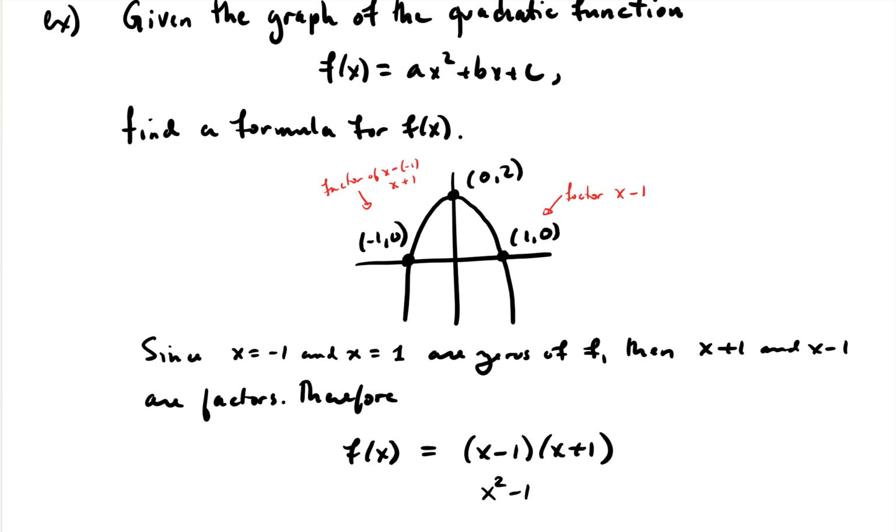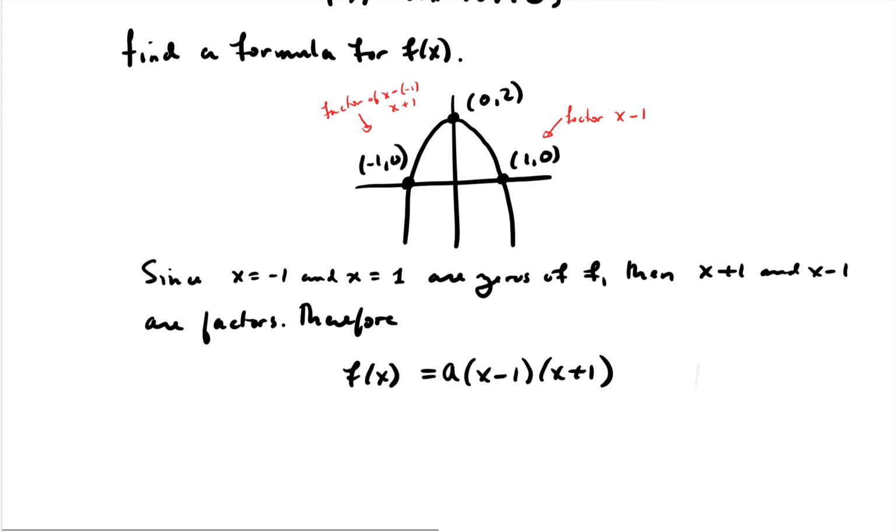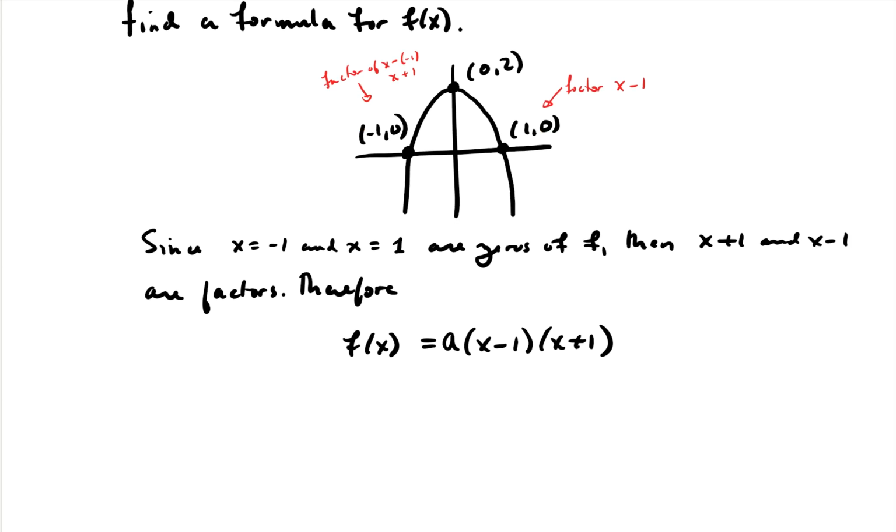In fact, any function where these factors are multiplied by some constant a, because in the formula f of x equals a x squared, a could be actually anything. So here f of x is going to be of the form a times the two given factors, x minus 1, x plus 1, like this.